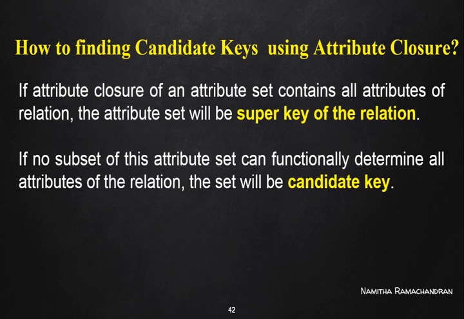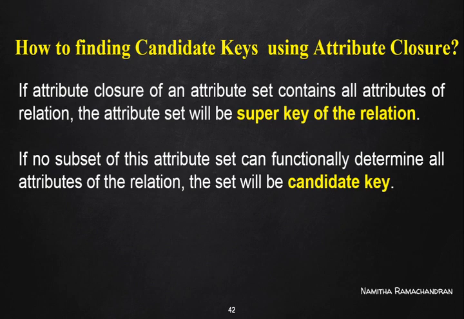Such a set forms the candidate key. In a super key, while removing a single attribute or a set of attributes, if the remaining set can't uniquely identify different entities of your given relation, then such a set forms the candidate key.